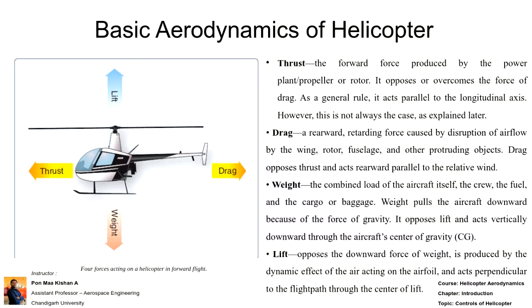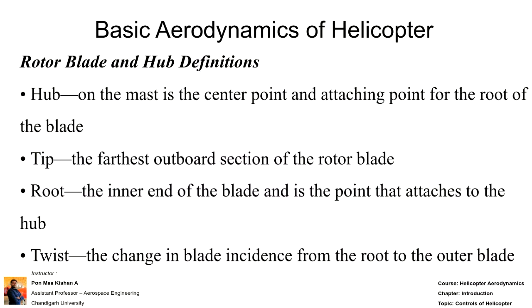Everyone knows thrust, weight, and lift, so I'm not explaining that. I'm just moving on to other basic aerodynamic parts. The hub I have already told. The tip, everyone knows the rotor tip, right? The rotor tip has various types of shapes, and we will discuss the rotor tip shapes in the aerodynamic design chapter.